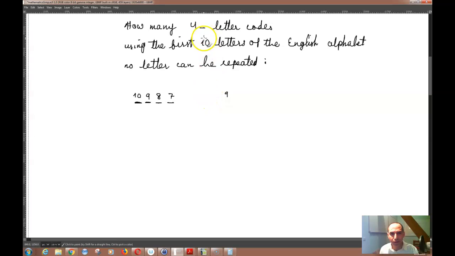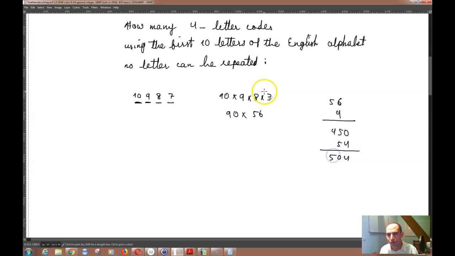It would be 10 times 9 times 8 times 7, which is the same thing as 90 times 56, and 56 times 9 is equal to 450, and then 54. So that you have 504, and you have a 0 there, so that's 5040.